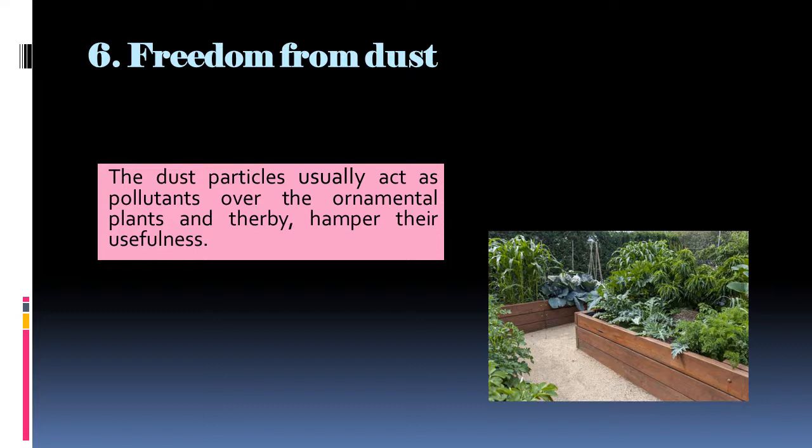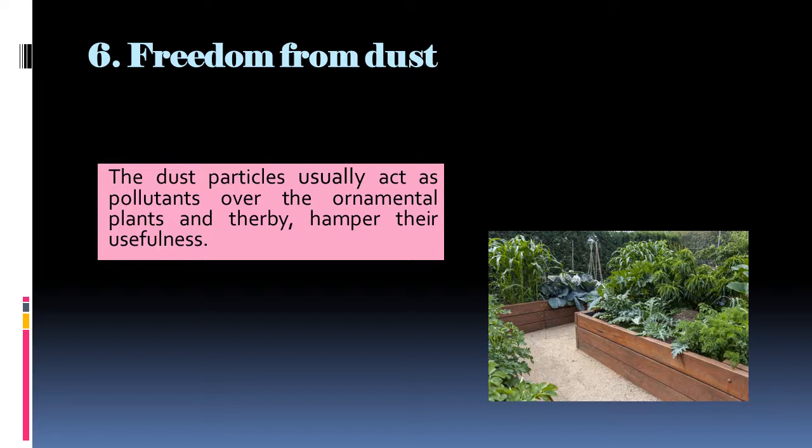Freedom from dust. In some places such as near thermal power stations, factories, etc., it is seen that dust particles, coal, ashes, etc., discharged by those are blown away in air and leave residue on the surfaces of the plants. The plants growing along unmetalled roads are also seen to be covered with dust in many places.